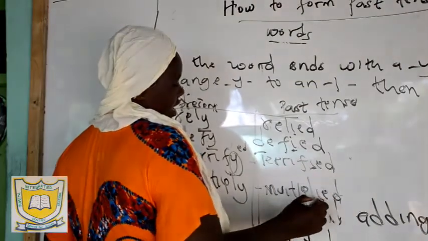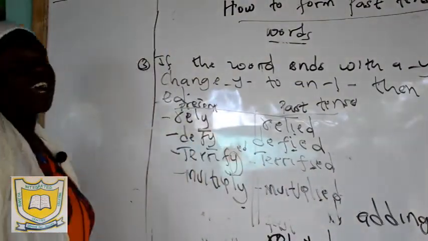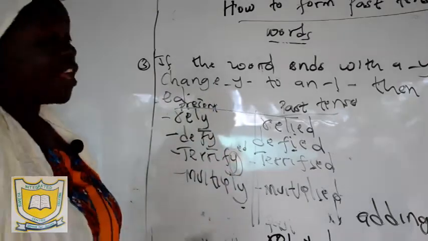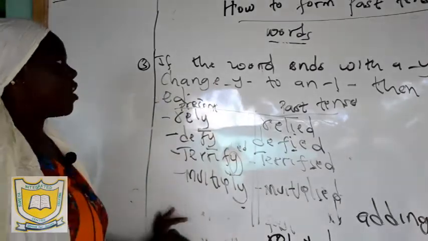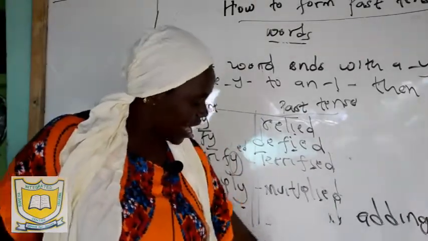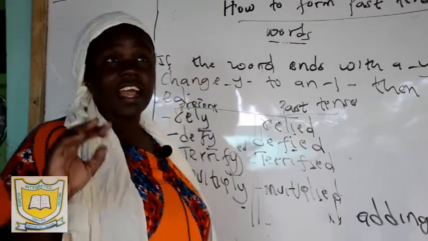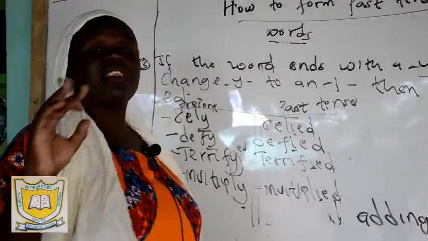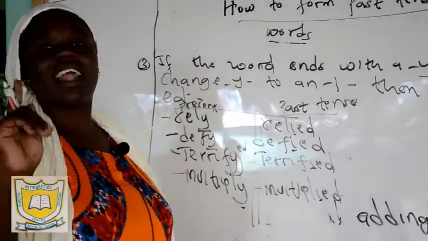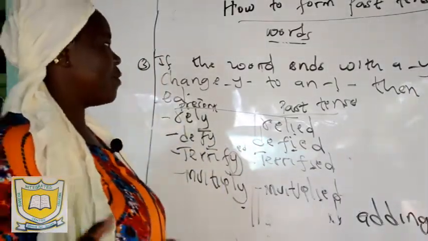So you have an I, which is coming in position of a Y, and then you're adding an ED. You form the past tenses of words that end with a Y by omitting the Y, replacing it with an I, and then adding an ED to form its past tense.